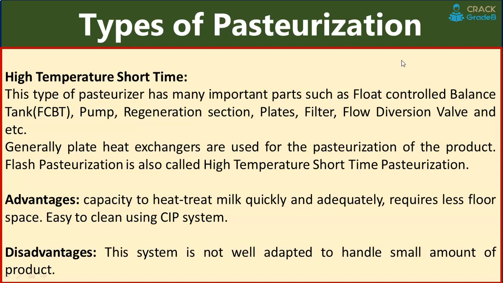Flash pasteurization is also called high temperature short time pasteurization. Advantages: capacity to heat treat milk quickly and adequately, requires less floor space, easy to clean using the CIP system. CIP is clean in place system. Disadvantages: this system is not well adapted to handle small amounts of products.